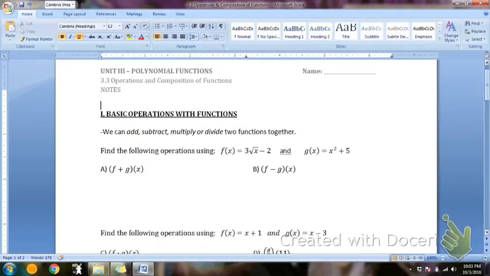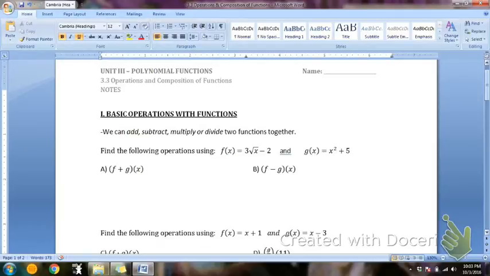So in these types of problems, they're going to give us two functions. If you look here, we have an f function and we have a g function. So we're going to know which function to use based on the problem. So if we look at example A, it says to take the f function and add the g function. So that's exactly what we're going to do.